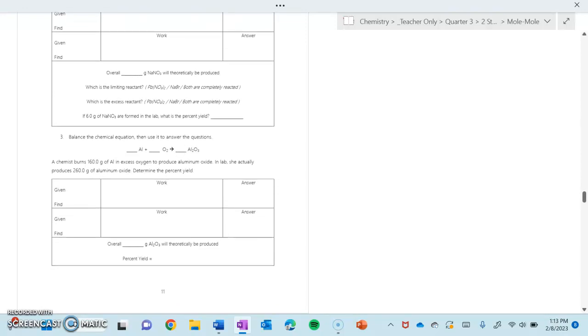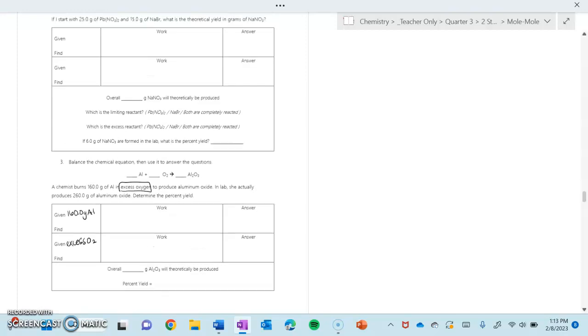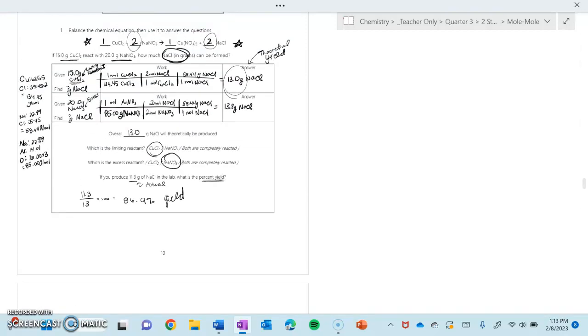Number 3, the only thing I want to clarify here is that of our 2 reactants, we have aluminum and oxygen, it tells you that you have excess oxygen. So when you go to write out your givens, you can just write excess because it doesn't tell you how much. But if this is excess, if you go back to the example we just did, the one that was excess, we did not use that value at all.